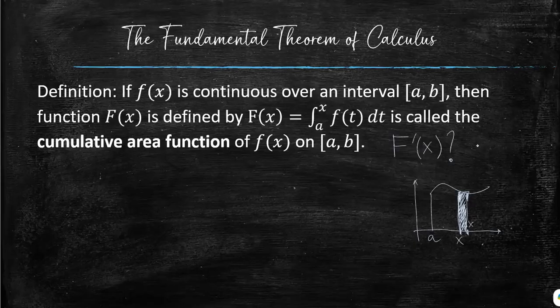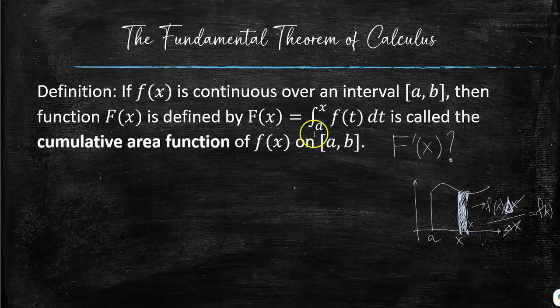Well, it's this rectangle. But the area of this rectangle is f of x times dx. And that, well, not dx, but rather delta x. And that's kind of the hint. So how much does this area change per change of input? Then delta x goes away, and the answer is f of x. So that's kind of the intuition behind it.